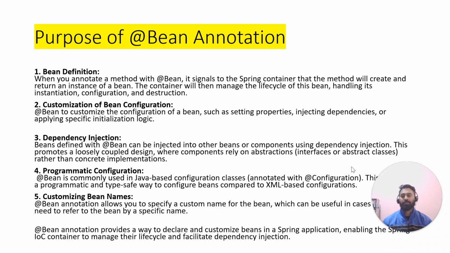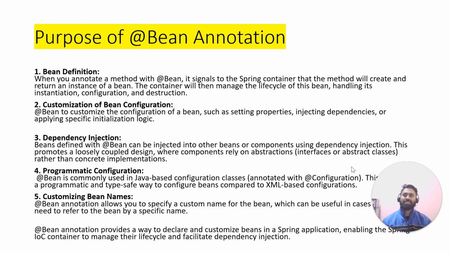The fourth purpose is configuration. @Bean is commonly used in Java-based configuration classes, where we use the @Configuration annotation to make any Java class a Java-based configuration class. This is a programmatic and type-safe way to configure a bean compared to XML-based configurations. The fifth purpose is customizing the bean name.